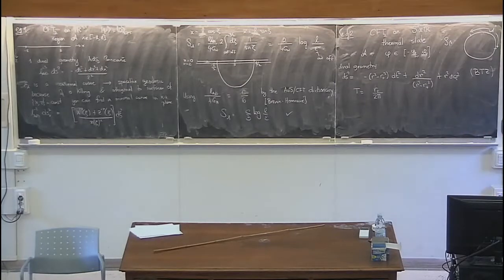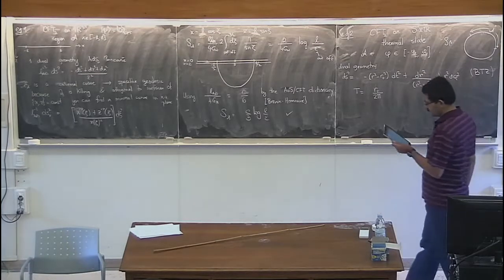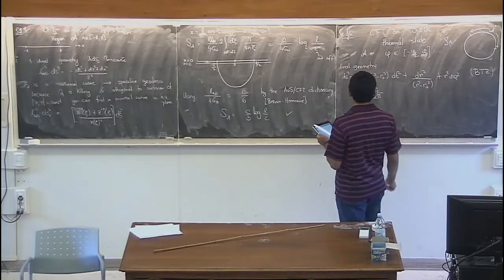So it's a very similar formula to what we had the other day. We had r plus over pi for the 5-dimensional AdS black holes. It's r plus over 2 pi for 3-dimensional solutions.